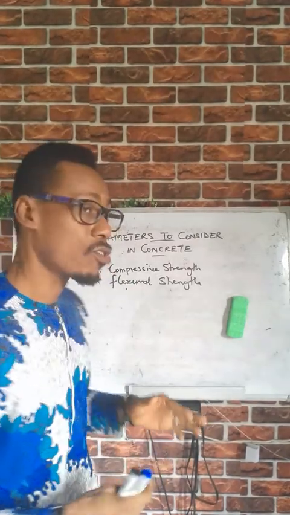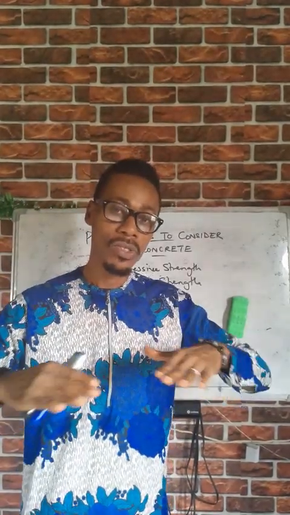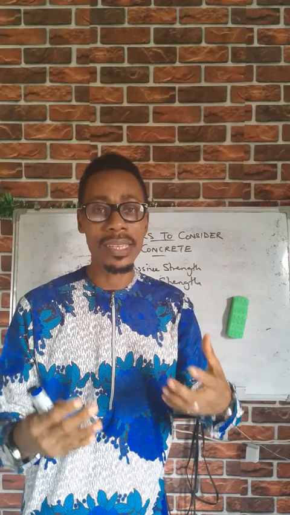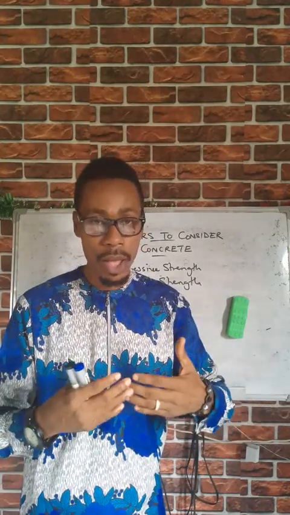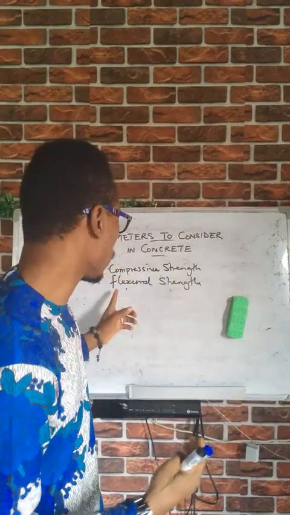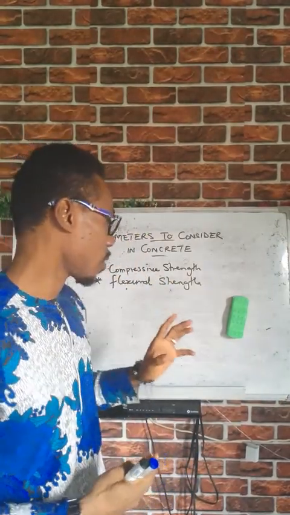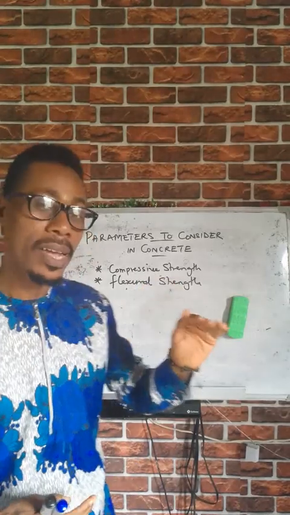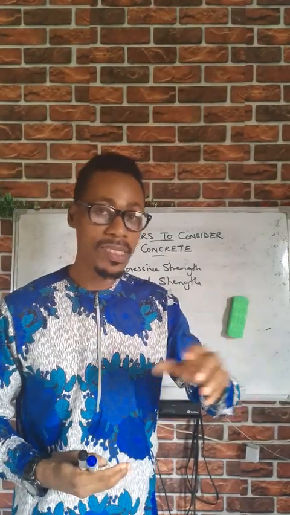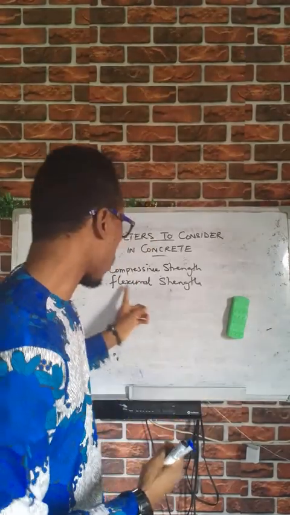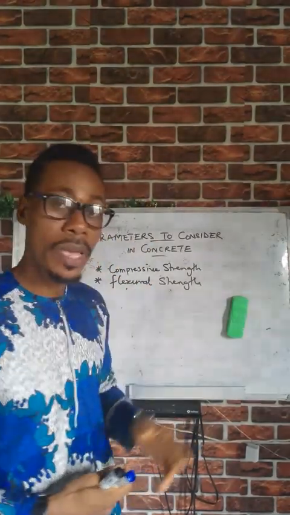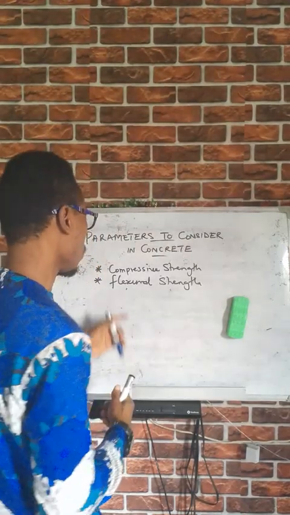In this case, you're trying to test the ability to withstand bending. That has to do with the flexural strength. The different grades also respond differently to flexion, to bending. When we talk about flexion, it means bending. So that is that.